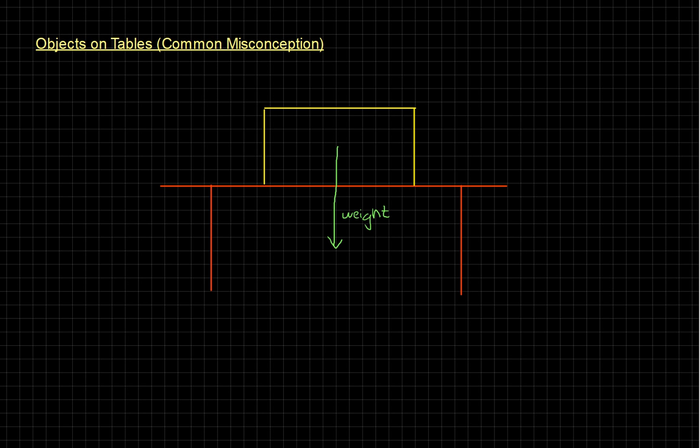That's not the equal and opposite force. It happens to be equal and opposite, but it's not the equal and opposite force. Think about what is causing the weight. Is the table causing the weight on the object? It's not, right? The equal and opposite forces always act from one object to another object and in reverse.